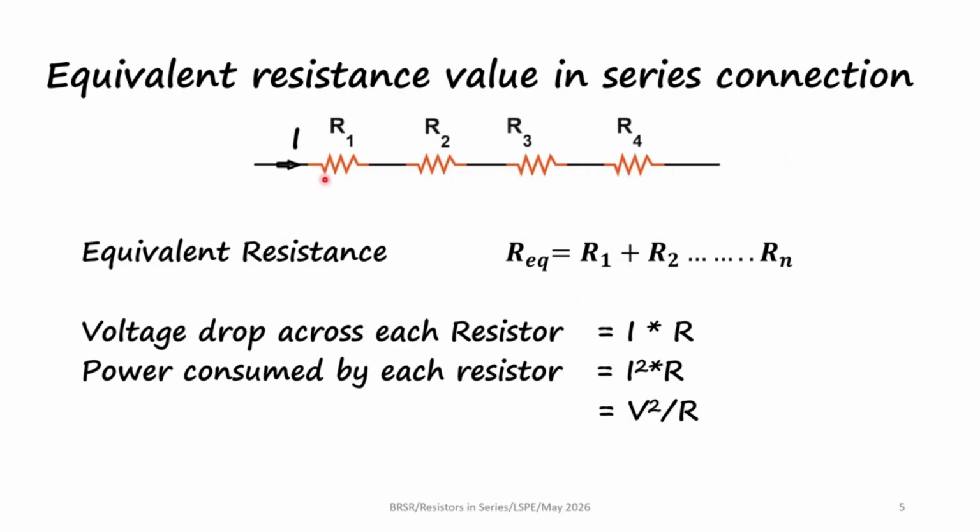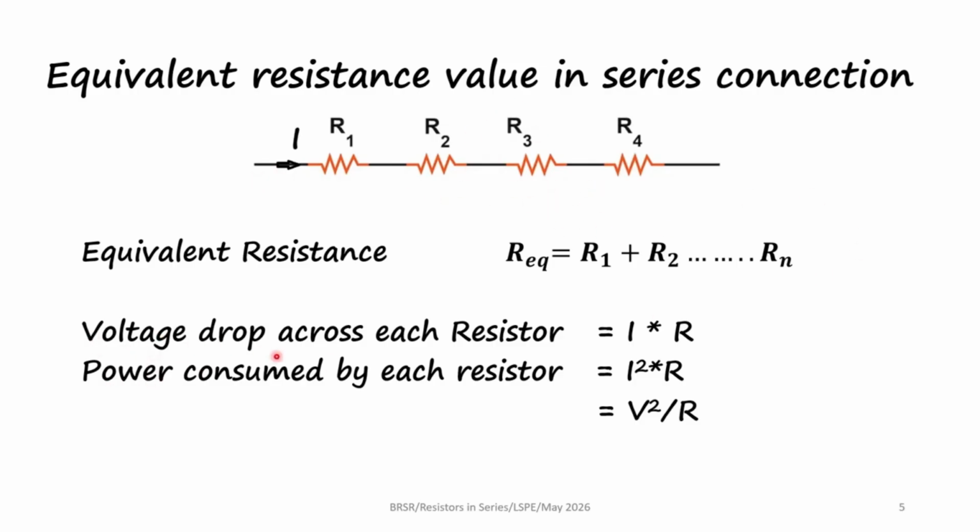The voltage drop across each resistor is given by the product of the current and that particular value of resistance. For example, the voltage drop across R1 will be the current I into R1. The voltage drop across R2 will be the current I into R2. The voltage drop across R3 will be I into R3 and so on.